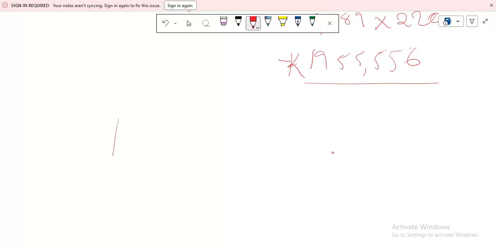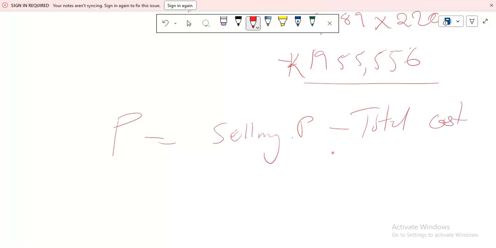We know that profit is equal to selling price minus total cost. Now, we know that total cost is composed of fixed cost and variable cost. So we have the selling price.